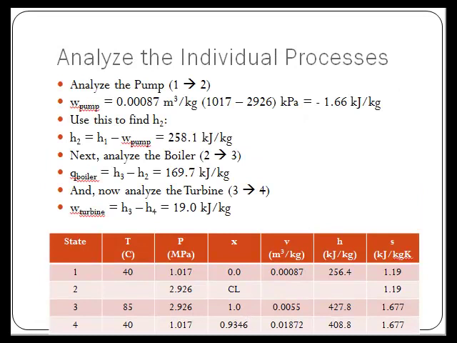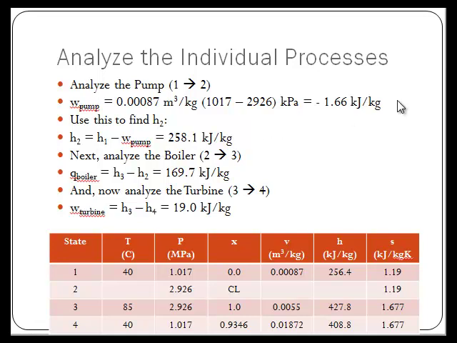So now let's start analyzing the individual processes. So here's my data table as far as I was able to get it. I like to start with the pump just because you don't have to. Just start with anything and see how far you can get. On the pump, remember, I'm going to have to analyze this using the V delta P. So here I go. Here's my volume, my pressure change, and I got negative 1.7 kilojoules per kilogram.